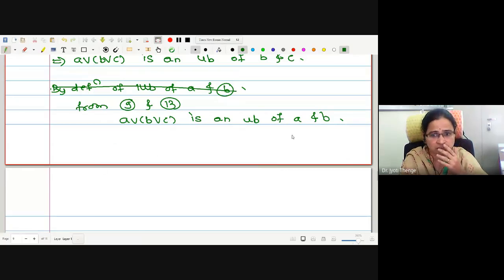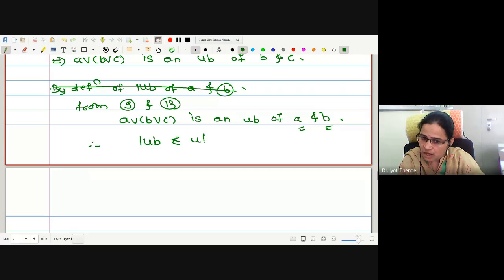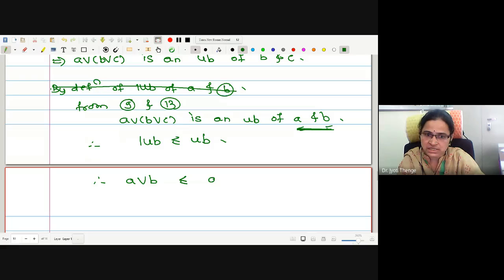But what is the least upper bound of A and B? Sorry, A join B. Therefore, the least upper bound precedes any upper bound, and the least upper bound of these two is A join B, which precedes A join B join C.